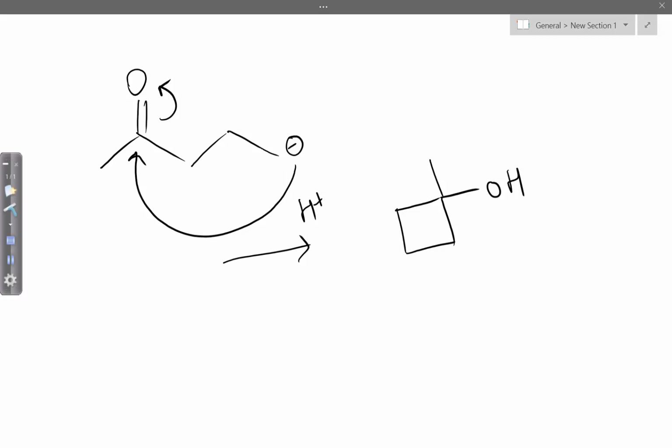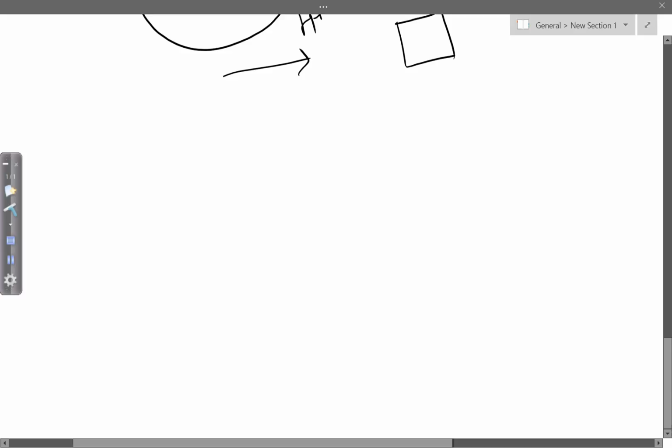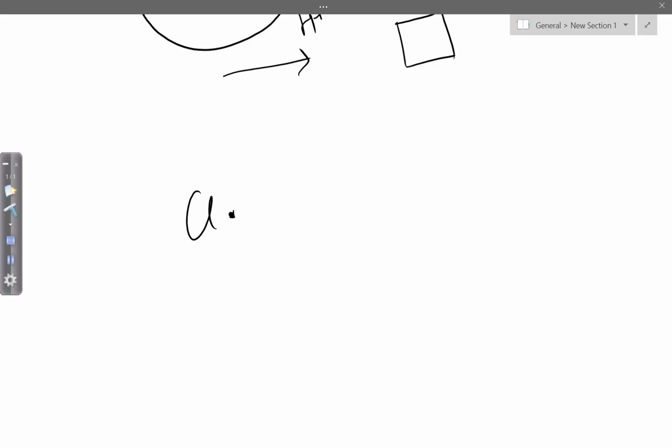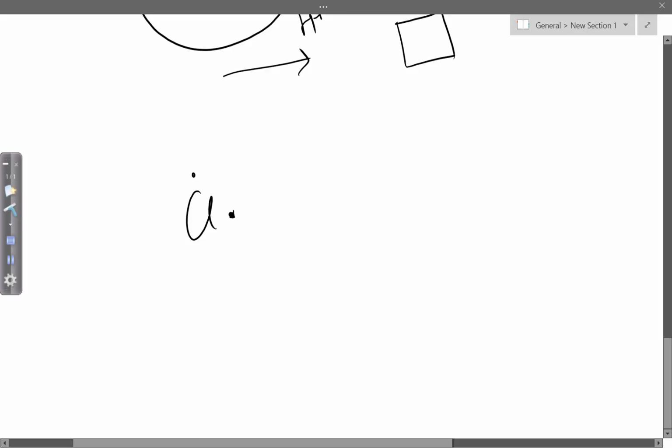Next, radicals. Radicals have an unpaired electron and are very, very reactive, right? You have learned about the Cl radical, correct? Which is this, right? So let me ask you, for this radical, what is the oxidation state? No, it's 0.